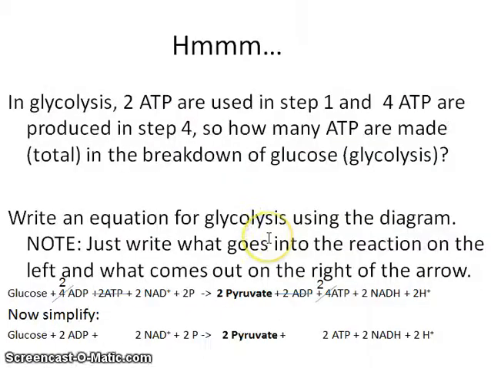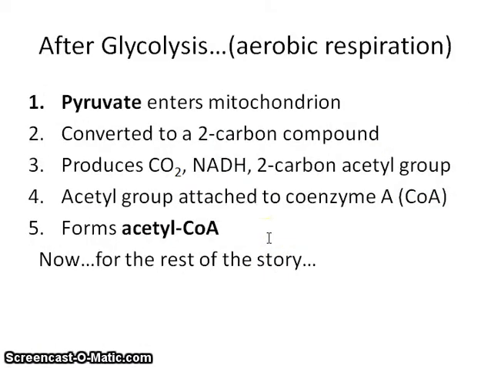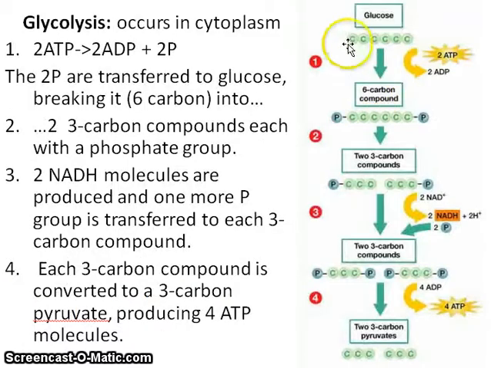Now I'll go one step further and then I'll start up my video over. After glycolysis, in aerobic respiration, pyruvate enters the mitochondrion. Now glycolysis occurs, I don't think I said this, in the cytoplasm. Alright, so it does not occur in the mitochondria, it just happens in the cytoplasm of the cell.